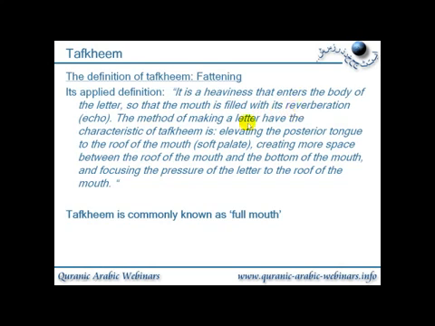The method of making a letter have the characteristics of tafkheem is elevating the posterior tongue to the roof of the mouth, i.e. the soft palate, creating more space between the roof of the mouth and the bottom of the mouth, and focusing the pressure of the letter to the roof of the mouth. Now that's obviously a long and difficult explanation, so that's just an official definition.